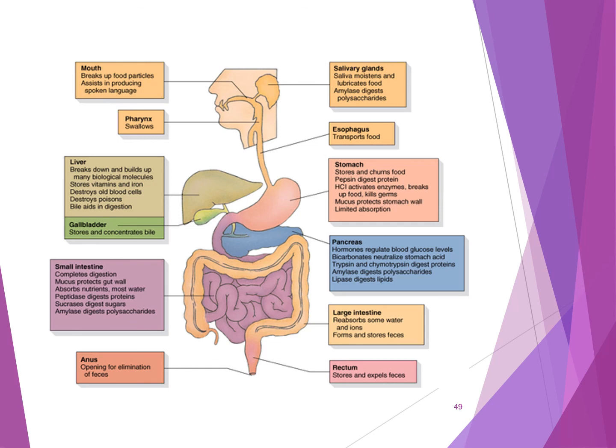So all of these digestive enzymes break down these bigger, more complex molecules like proteins, fats, and carbohydrates by hydrolysis. Remember way back when we talked about hydrolysis, and that's basically using water to split apart molecules into smaller molecules.